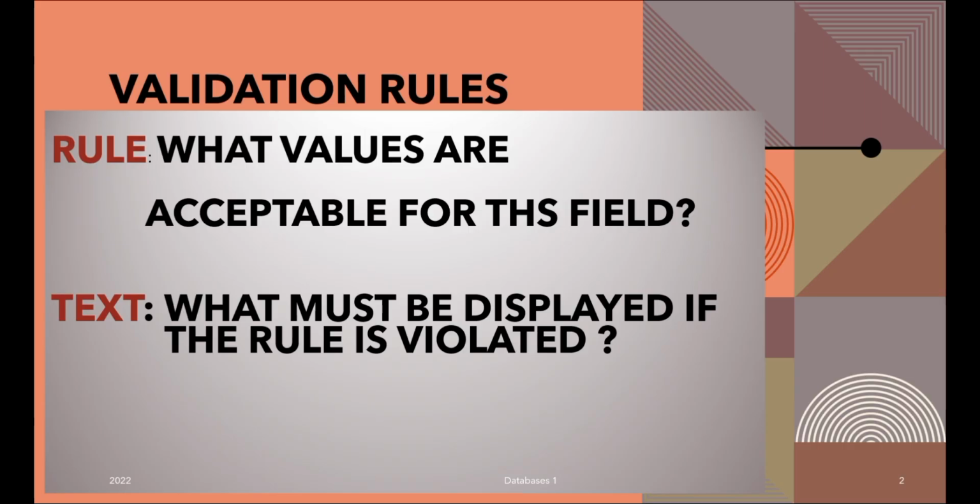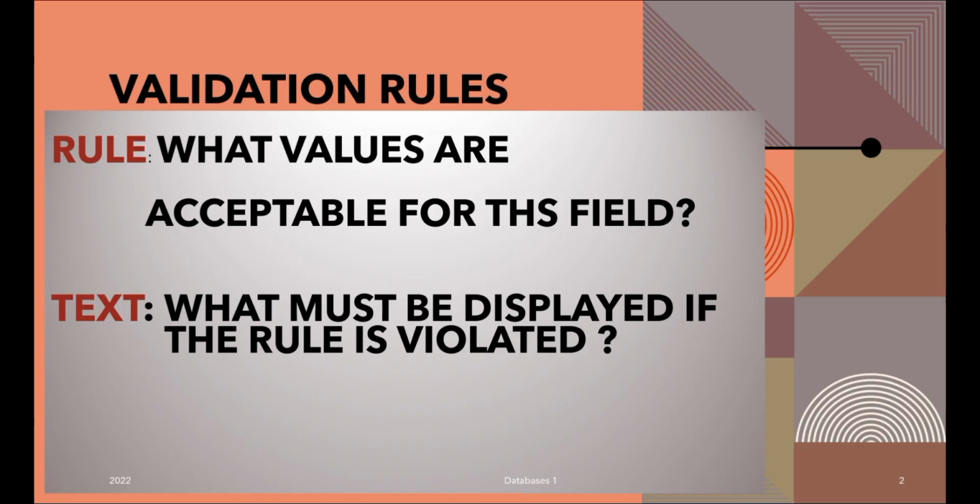Imagine you are going to the mall, to the bank, using the ATM, and you want to withdraw money. But maybe you have entered an incorrect PIN. Now, this is the rule. The ATM is going to display a text telling you that you have entered an incorrect PIN.